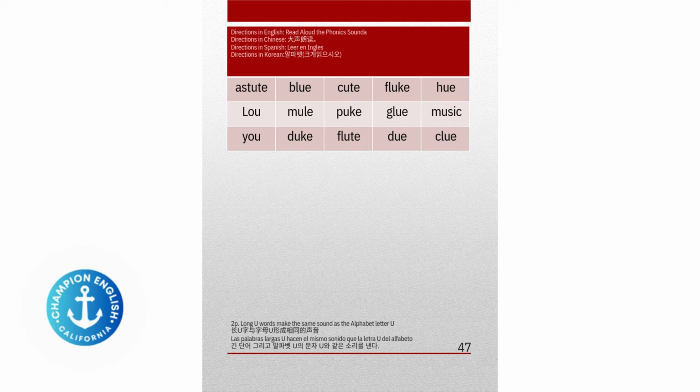Fl and oot, flute. D and oo, do. And cl and oo, clue. Well done, students. And now, please practice saying the words out loud with yourself or a partner.